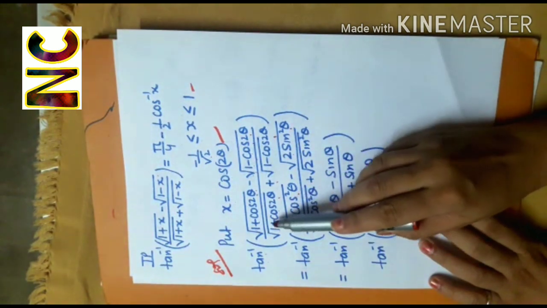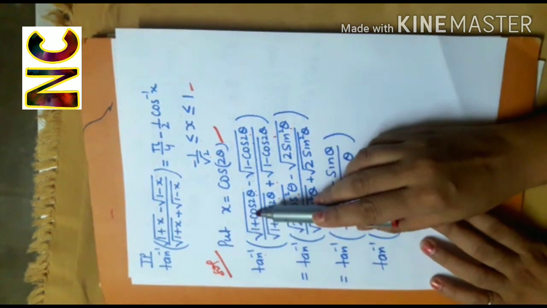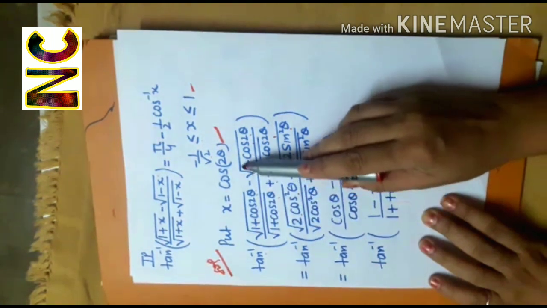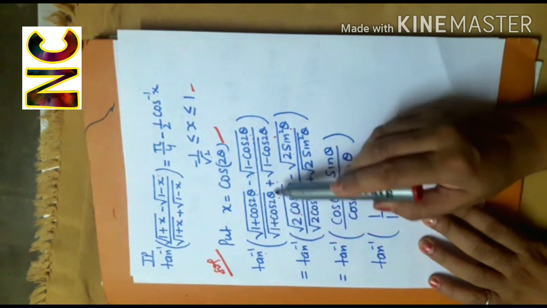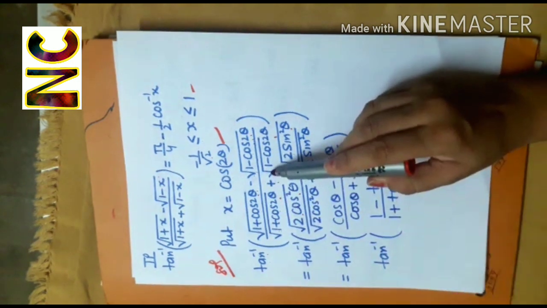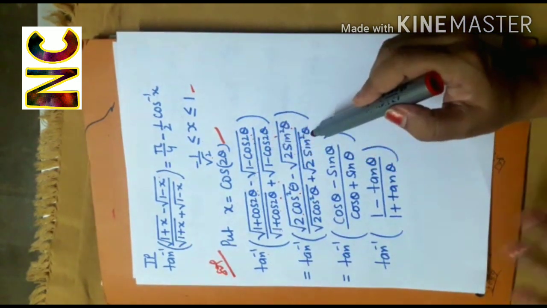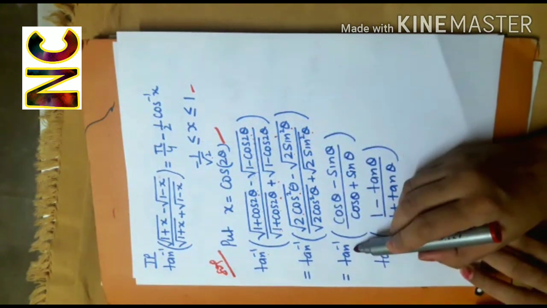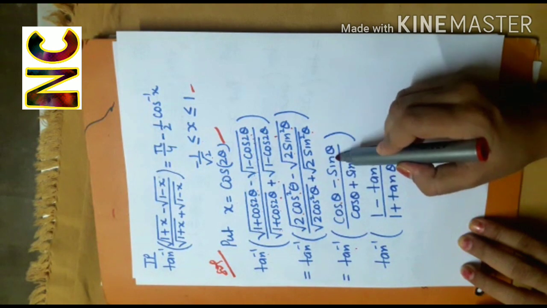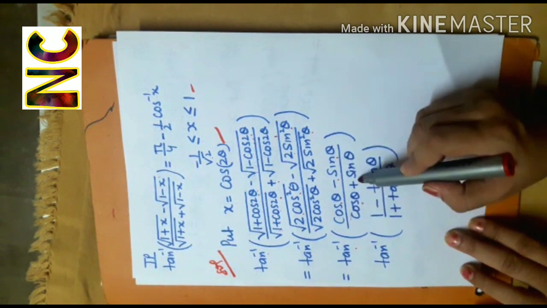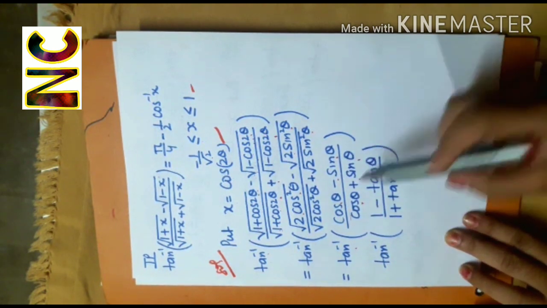So here I'll get square root of 2 cos square theta minus square root of 2 sin square theta divided by square root of 2 cos square theta plus square root of 2 sin square theta. So I'll get tan inverse, this is (cos theta minus sin theta) over (cos theta plus sin theta).